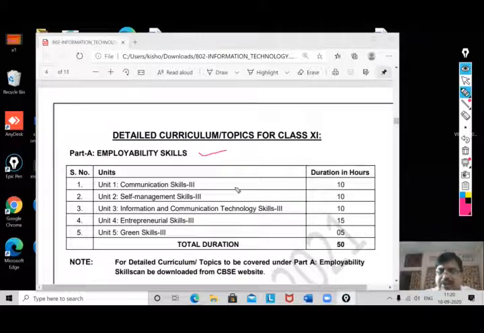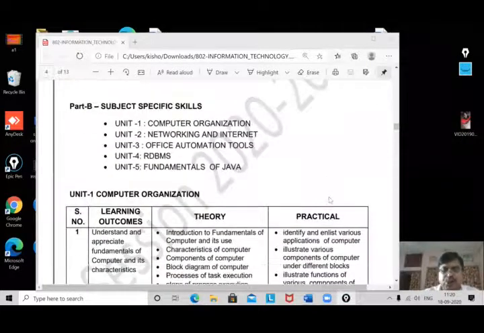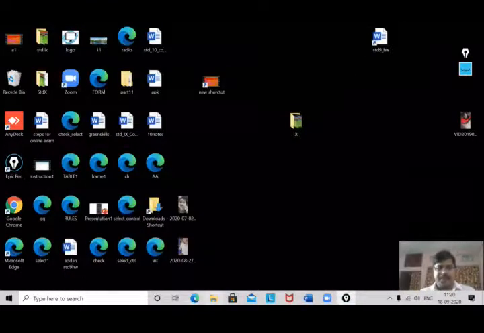In that you have communication skill, self-management skill, information and communication technology, entrepreneurial skills, and green skills. First of all, I'm going to focus on the first chapter of part B, that is computer organization.